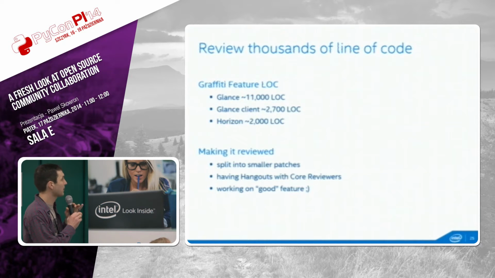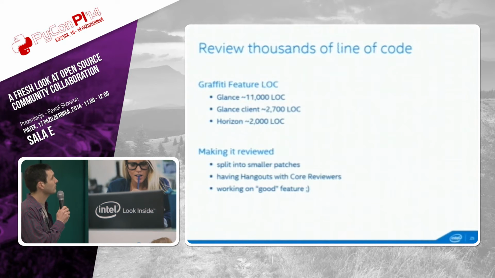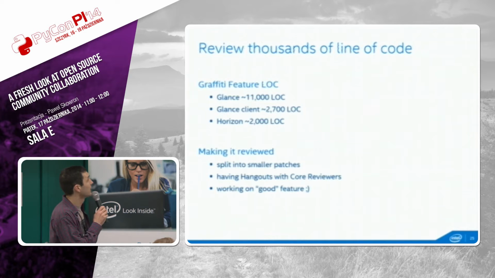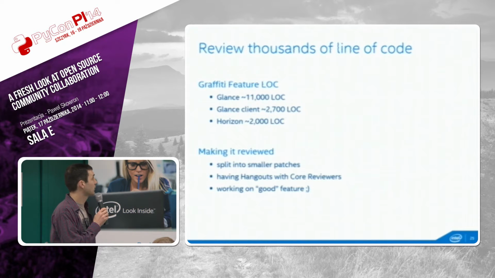Let me share a good practice we worked out around getting many lines of code reviewed. You can see there are quite huge numbers, like Glance with 11,000 lines of code, and getting that merged is extremely difficult in OpenStack, and I believe in any other open source project. So what we did first was split the changes into different parts.